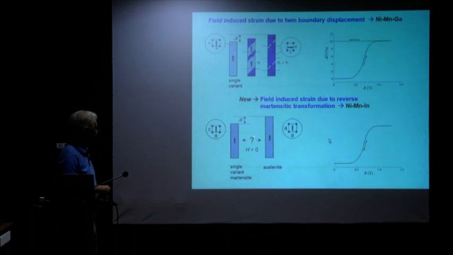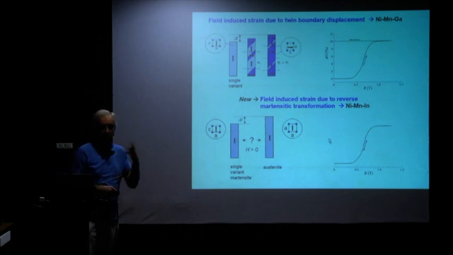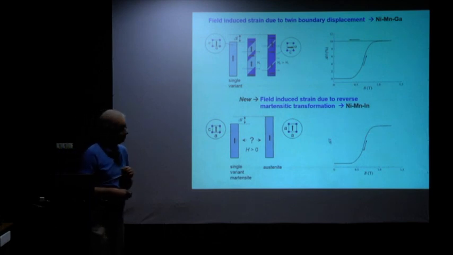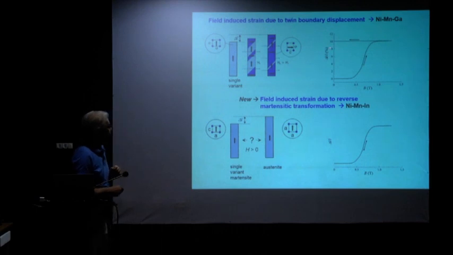So what is exactly happening here in between, we don't know, but this is the initial state and this is the final state. And we have a length change which looks similar to this, except that this length change is now reversible. They can go back and forth. Here the strains, associated strains, were about 10%.